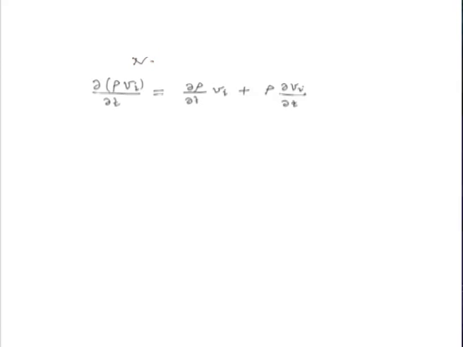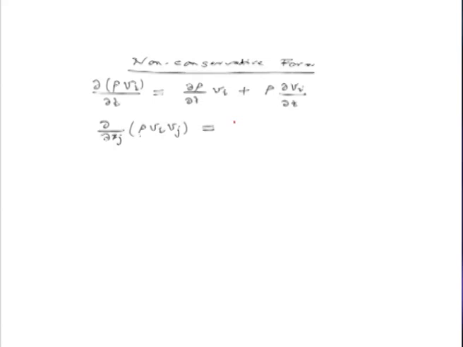So we want to obtain the non-conservative form. Now let us have a look at the second term, del over del xj of rho vi vj.